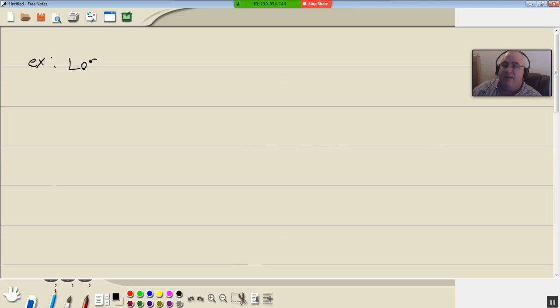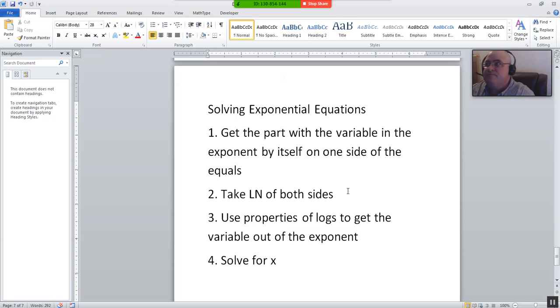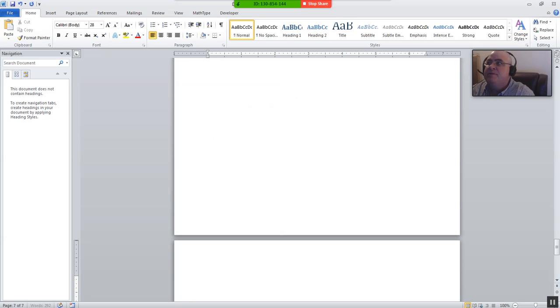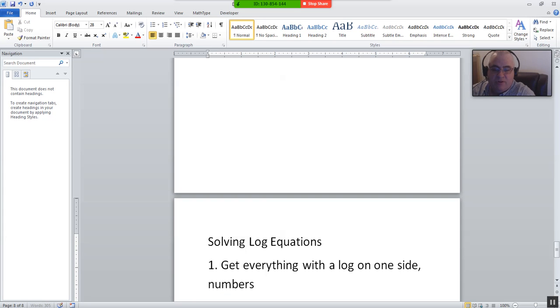What this would look like is log base 2 of x minus 1 is equal to 3. So it's an equation with a log. So we've got solving log equations. Step 1. Get everything with a log on one side, numbers, constant terms on the other side.